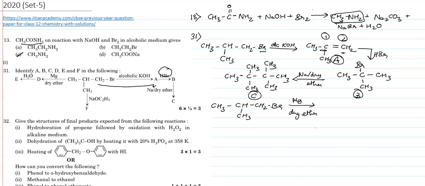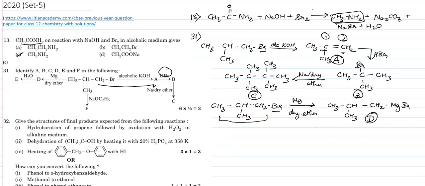And Grignard's reagent's formula is basically RMgBr. So this is the R group, this is the bromine, and you have the magnesium getting attached in between them. So CH3, CH, CH3, CH2, Mg, Br. And this is the Grignard's reagent, and this is product D.